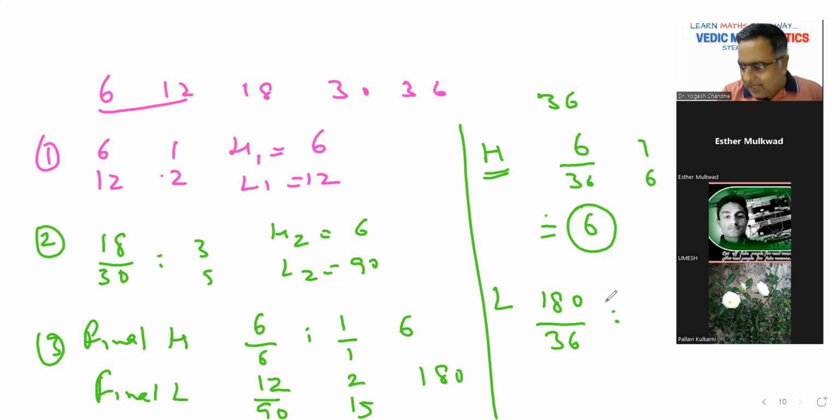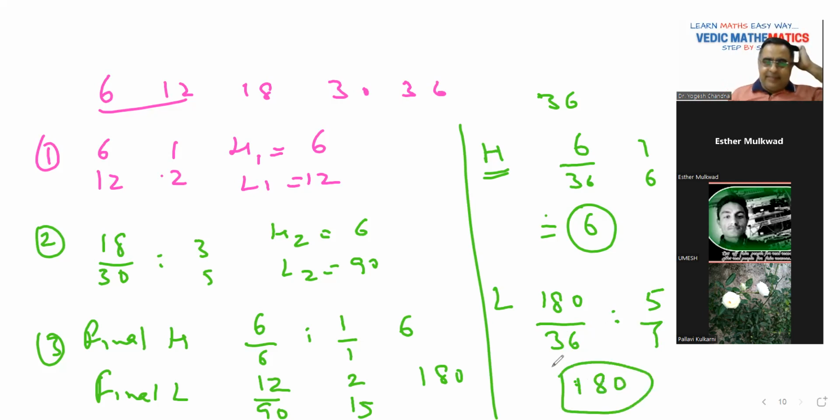So कितना आएगा? 36 5s are 180. L is 180 only. Got it? Or any question you have?